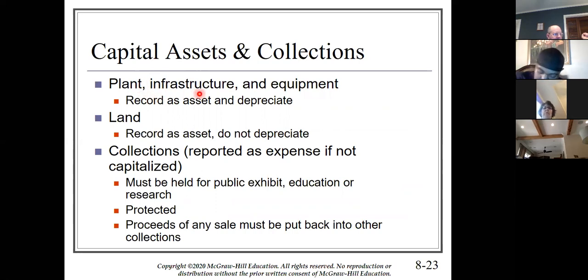So infrastructure is the thing that businesses would not have. That would include things like streets and water lines, sewer lines, whatever. Record as asset, depreciate them. Land, just like a business, record as asset, do not depreciate. Collections.